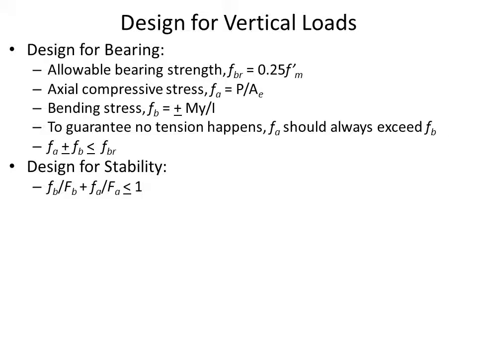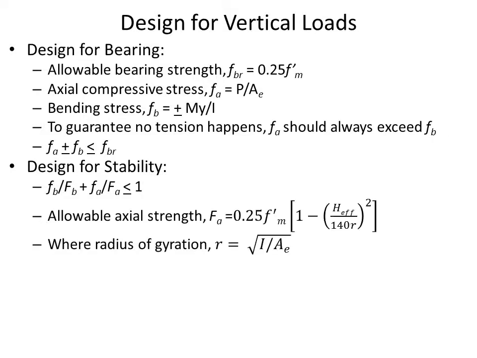After that, we'll be designing for stability. Here we are talking about a small fb and a capital Fb, and a small fa and a capital Fa. The smalls are the ones that we have calculated up there, but the capitals are based on the material and the geometric properties. So the allowable axial strength, Fa, is 0.25 F'm multiplied by 1 minus h effective over 140 r, squared. What's this r?